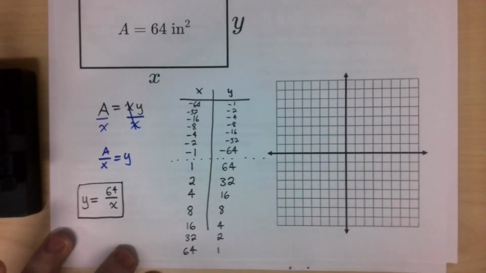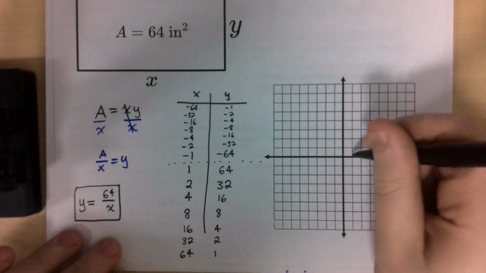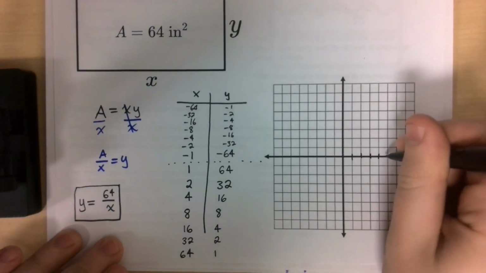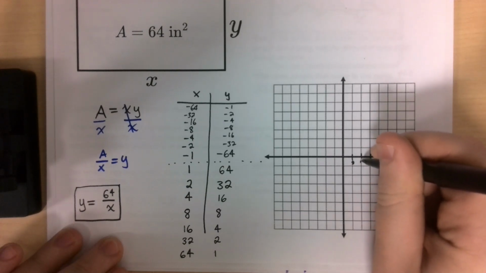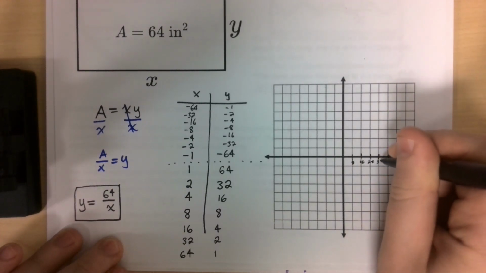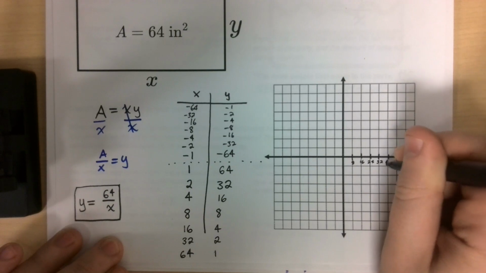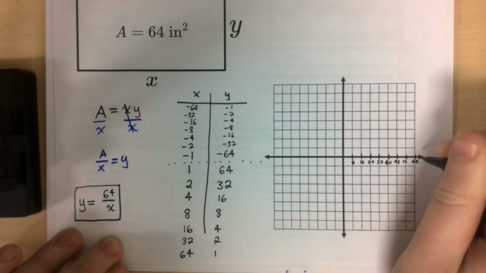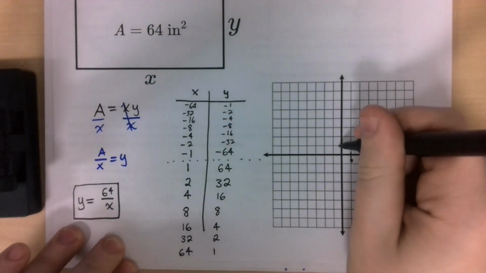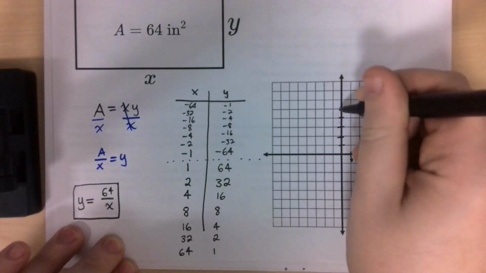Now, this graph obviously can't fit 64 numbers, so we'll have to scale our graph a little bit. How's about we count up by 8s? So 8, 16, 24, 32, 40, 48, 56, 64. And we'll have all the other parts of our graph be the same thing.